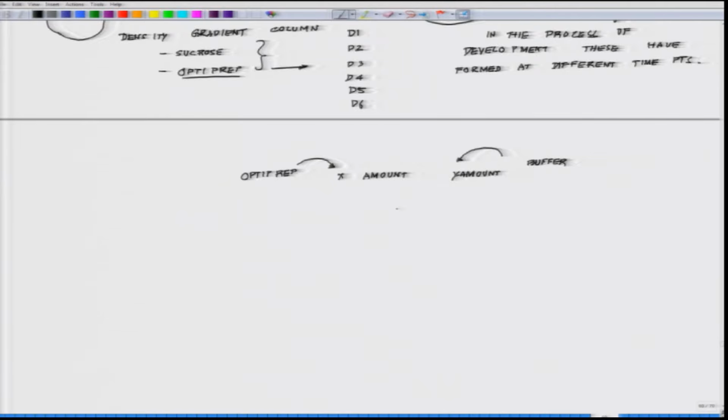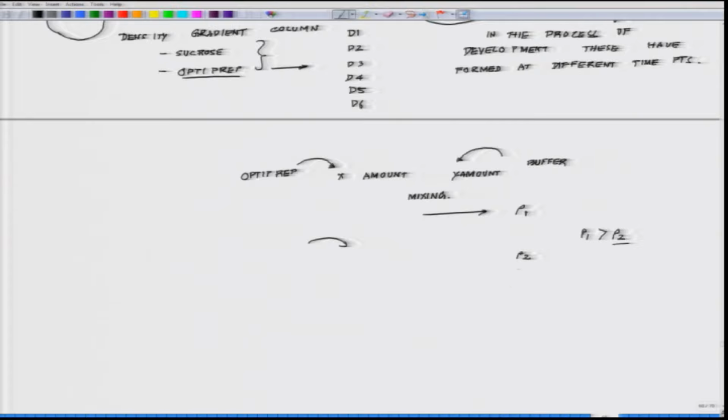I mix them at a particular ratio and I achieve a particular density, say density 1. Now, I mix them in another ratio, I achieve density 2, and assuming density 1 is more than density 2, density 2 is lesser dense.